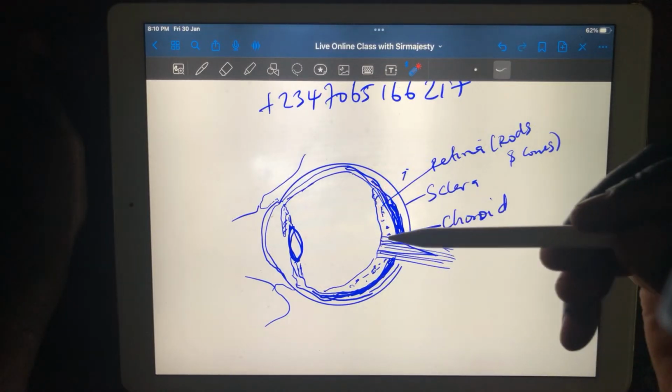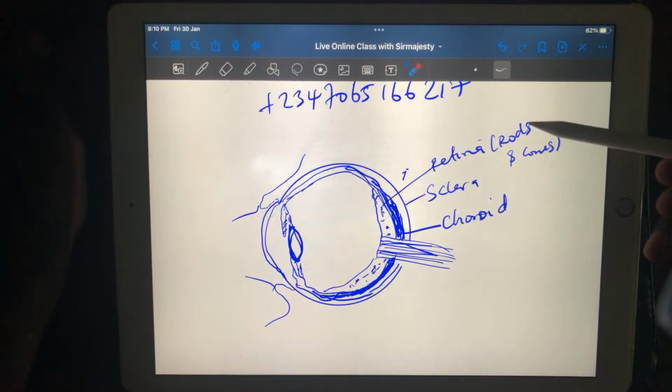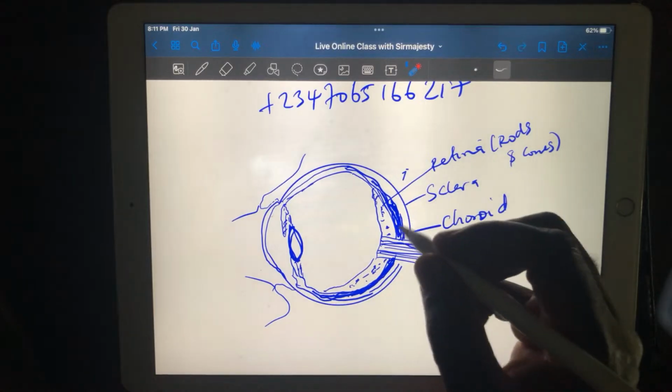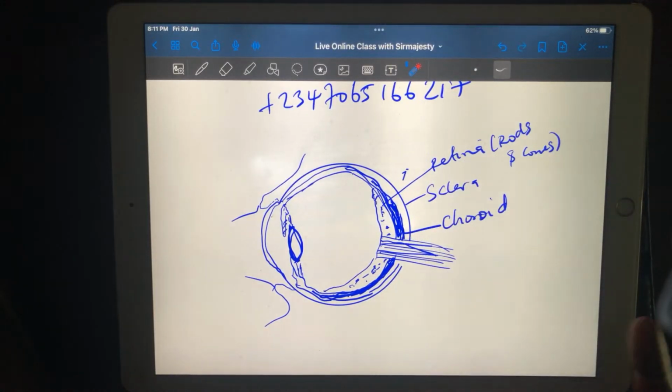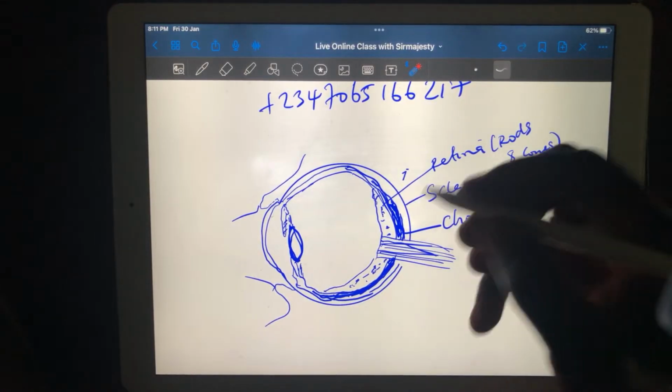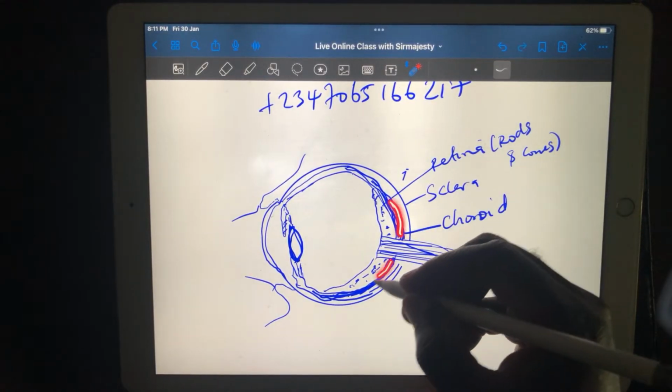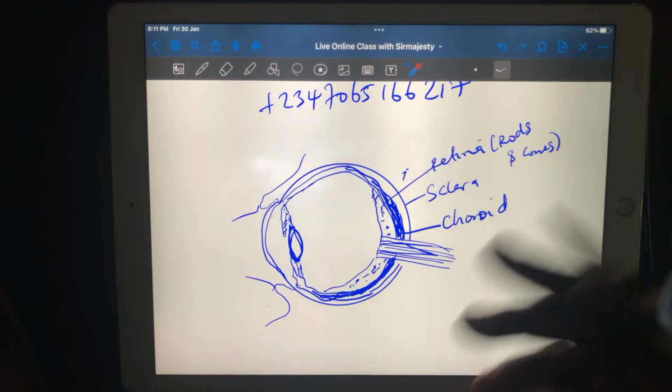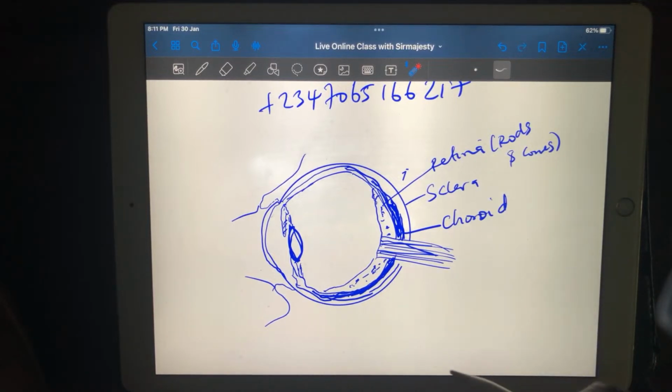And the retina is composed of the light sensory cells called rods and cones, which detect different shades of light, of different what? Intensity. So the question is, which part of the eye absorbs excess light entering the eye? You say choroid layer. Remember, even in physics, black surfaces absorb light while bright and white surfaces reflect.